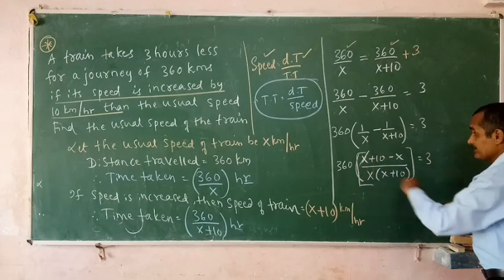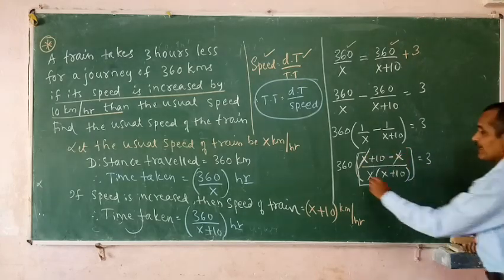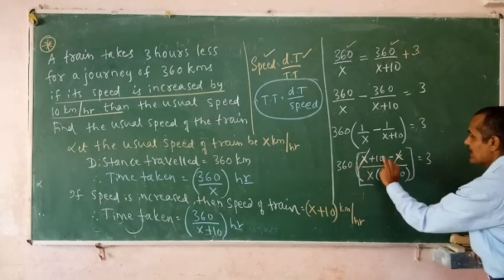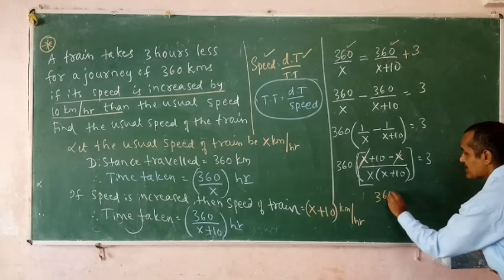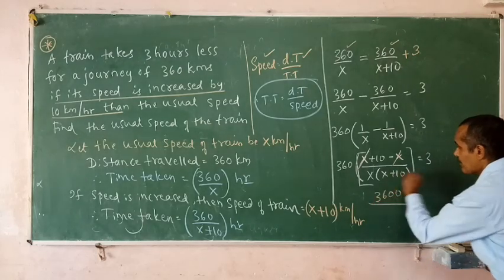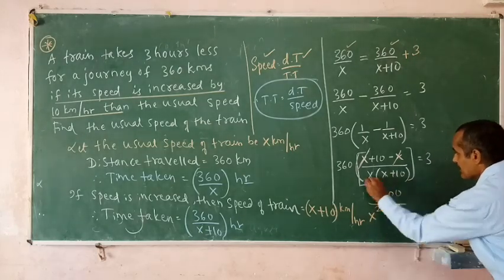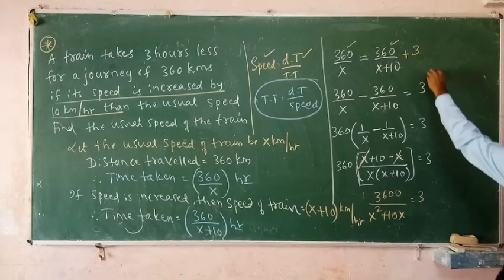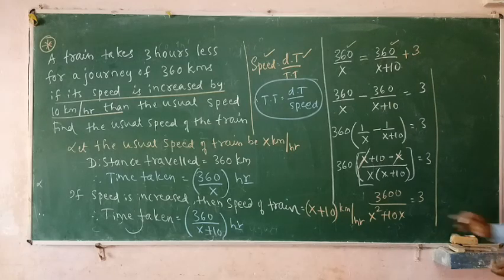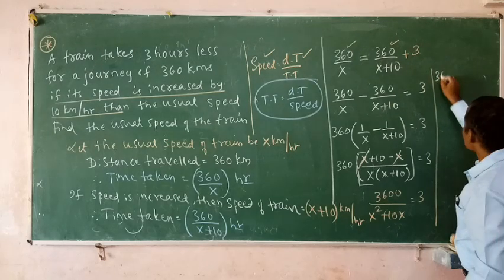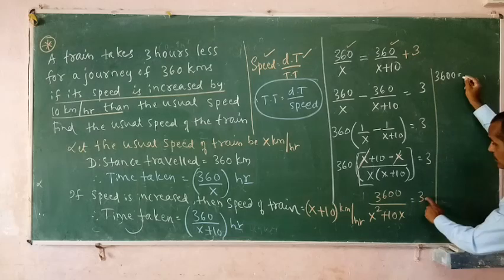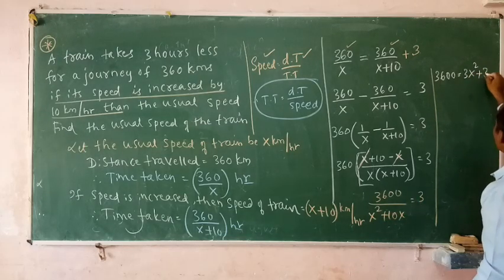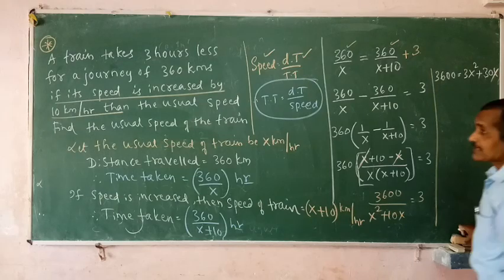x gets cancelled. What is left? 360 into 10, 3600, divided by x square plus 10x, is equal to 3. Cross multiply. 3600 is equal to 3x square plus 30x.